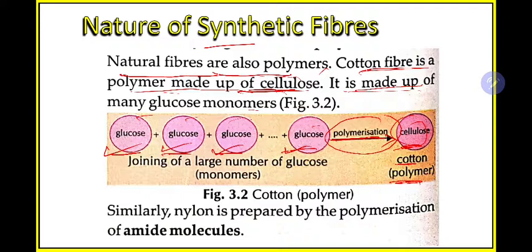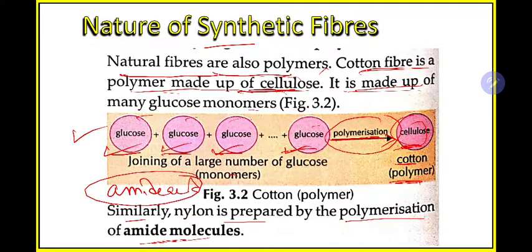So now after explaining the natural, the synthetic is justifying itself and saying this. Okay, so we are following the natural. As nature is doing, we can also do. Similarly, nylon is prepared by polymerization of amide molecules. So how is nylon prepared? Instead of glucose, in nylon they will use amide acid.